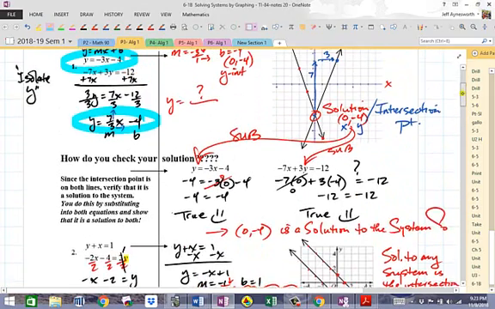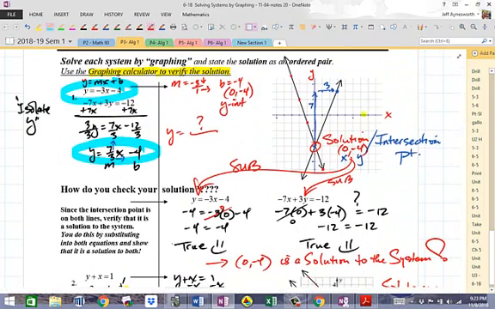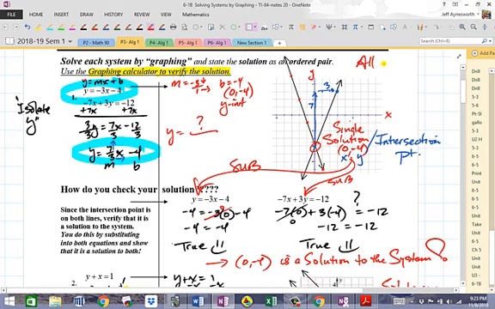The first system was a single solution. That's case 1. You have a single solution in the form of an ordered pair. All solutions are in the form of an ordered pair.